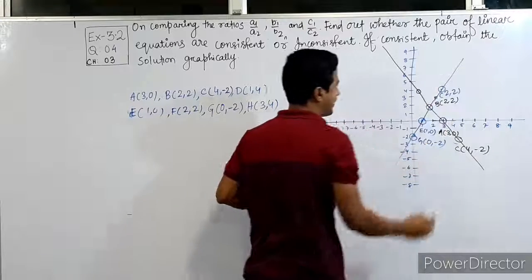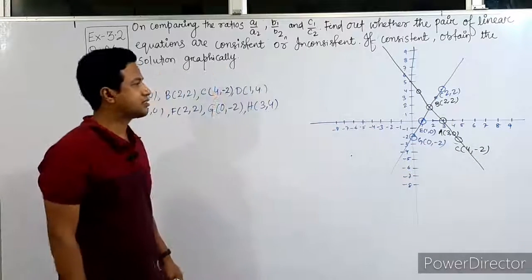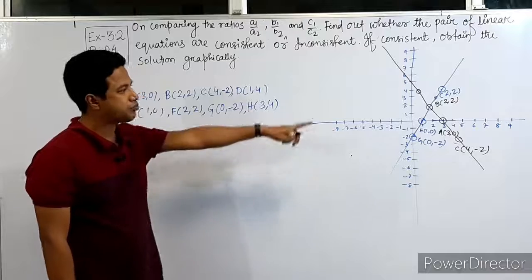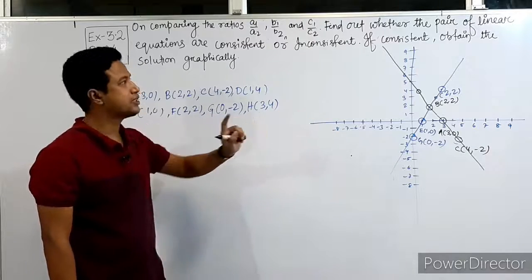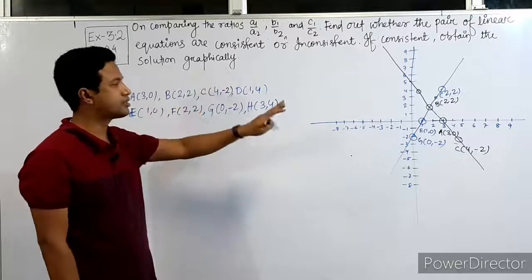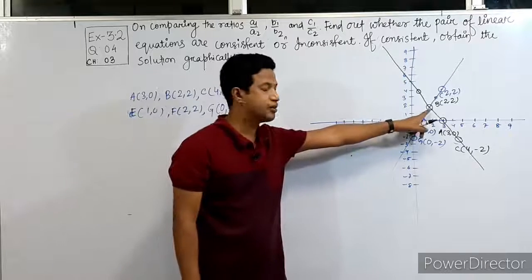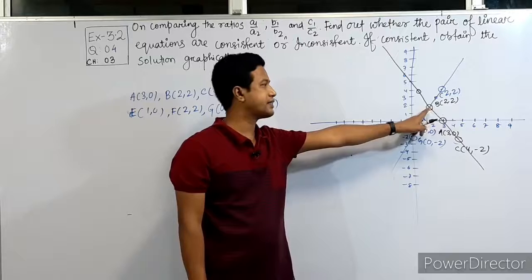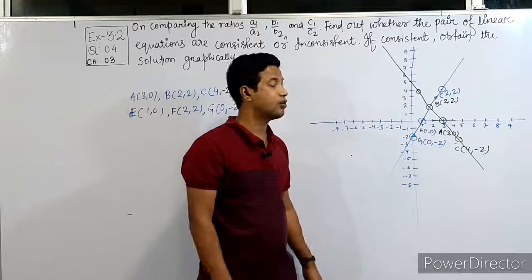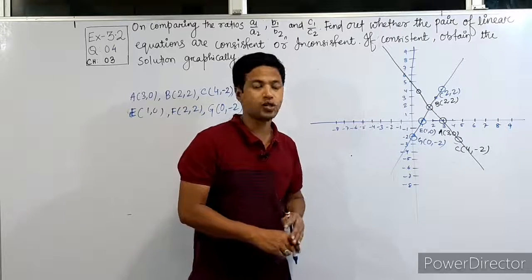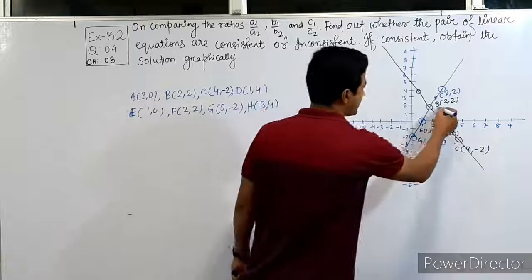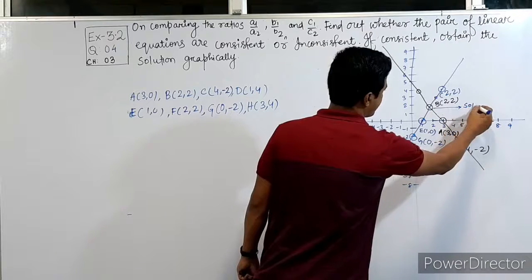Here you find that both the lines intersect each other at the point (2, 2), which means the solution of this pair of linear equations is this one. The point at which they intersect will be the solution of the equations. So this is the solution.